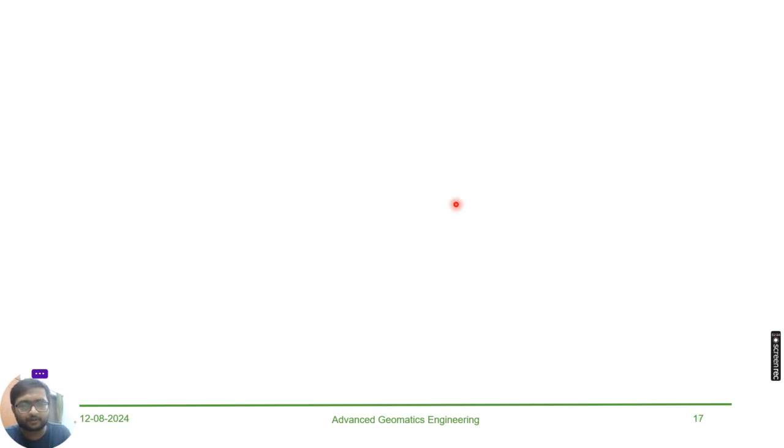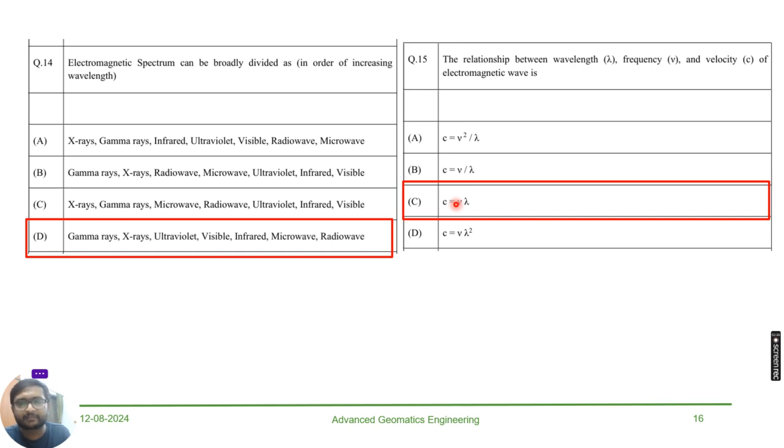So option C. Based on this, there will be some numericals where you will be given a frequency, like 30 megahertz, 30 gigahertz or 30 hertz, and you have to find the corresponding wavelength. The value of C you have to consider is 3 into 10 raised to 8 meter per second.